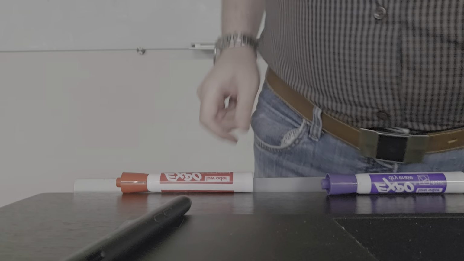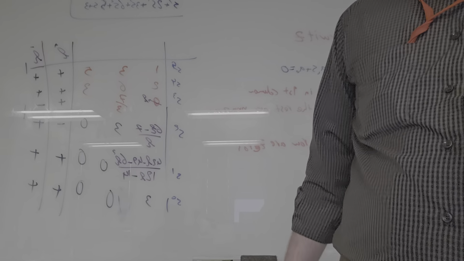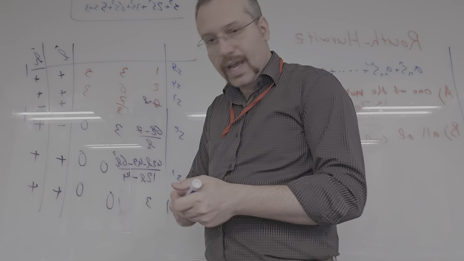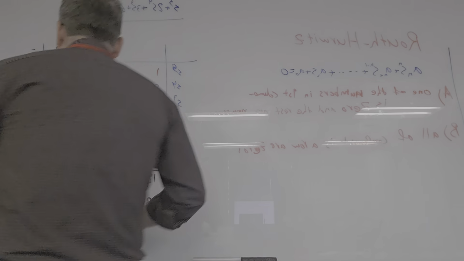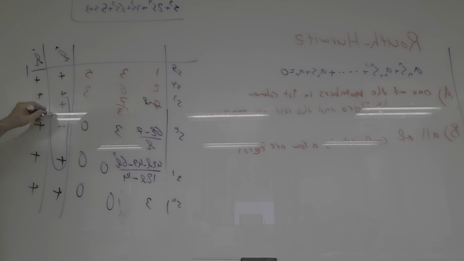Now, if you look at the system, you are going to see we have two changes, both in positive and negative. What does that mean? The system is unstable. Are we good? Does that make sense, what happened here?